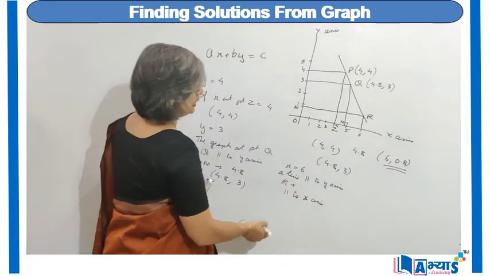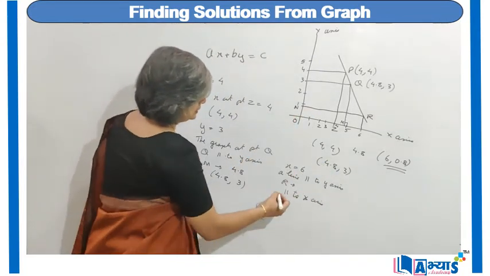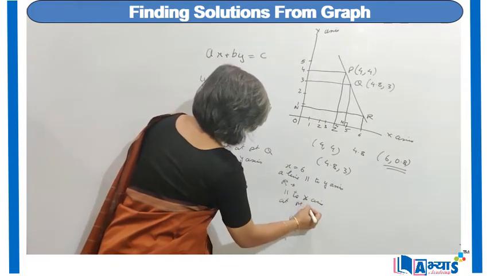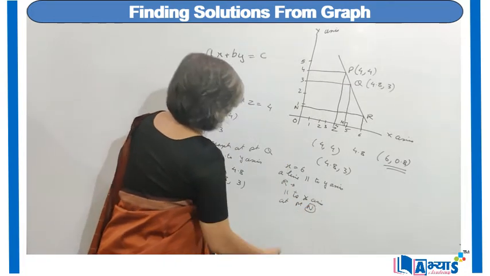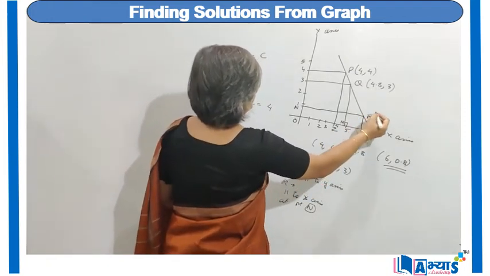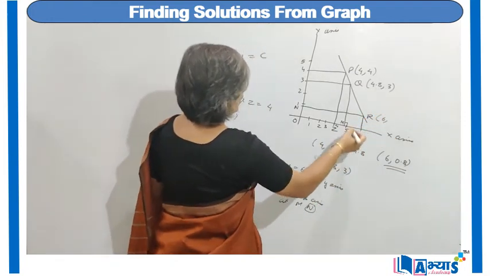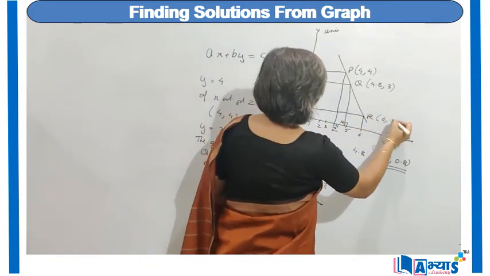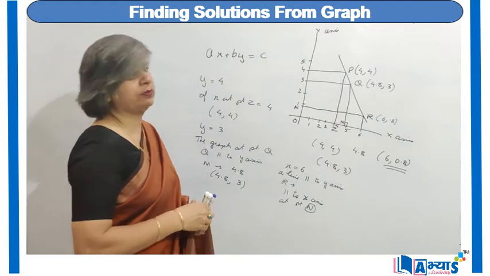Let us suppose it cuts the y-axis at point N. So we can say now for 6 we reached point R, so the x coordinate is 6, and we have found the value at N to be 0.8, so the solution for the graph is (6, 0.8).